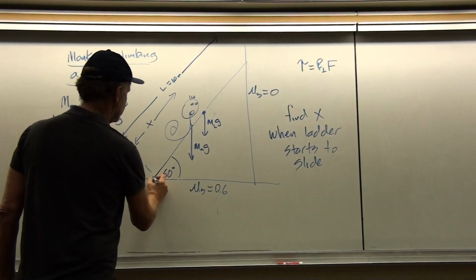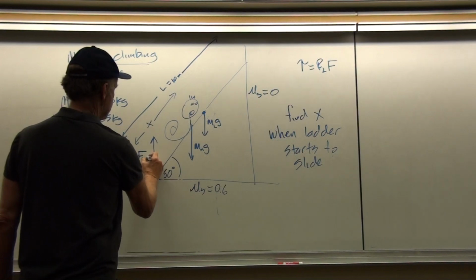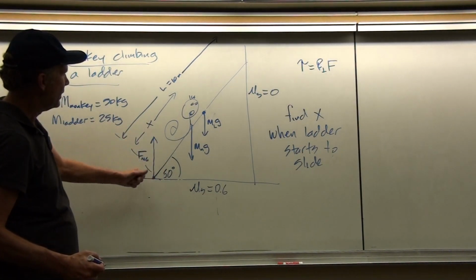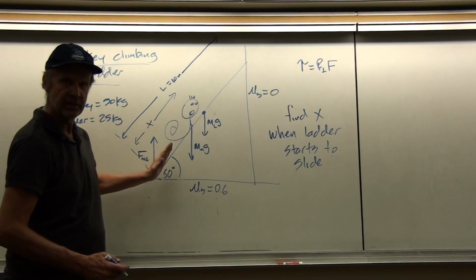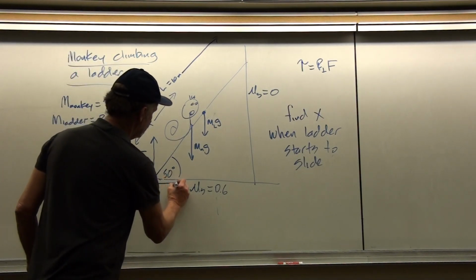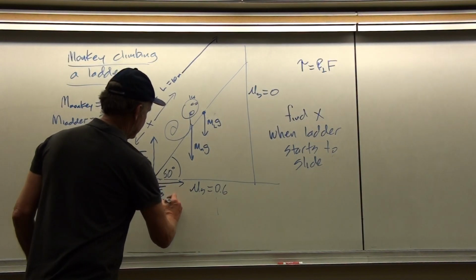In the vertical direction here, we're going to have F normal ground. Okay, so that's the normal force exerted on the ladder by the ground. And push up that way. And because I think we can see here that the ladder is going to tend to slide out this way, we're going to also have a force due to friction, F static maximum.